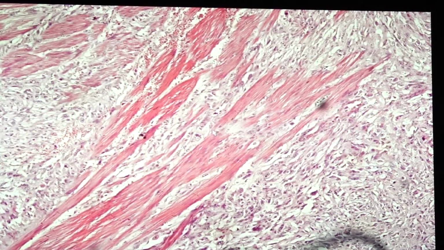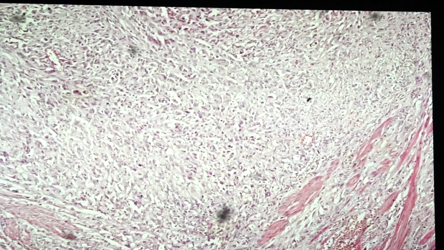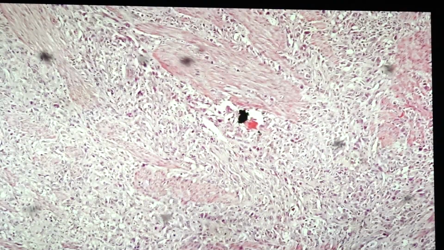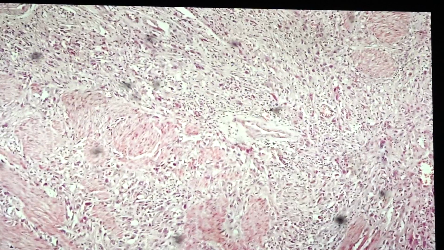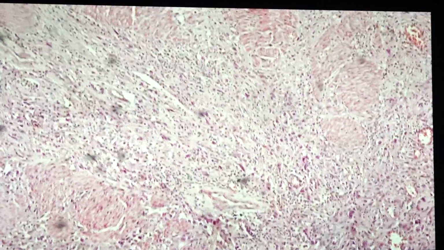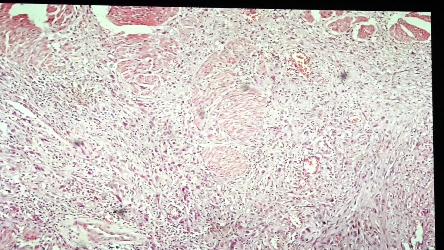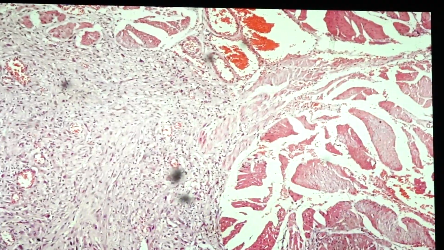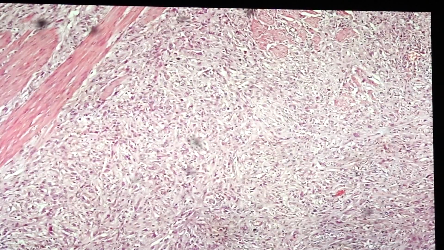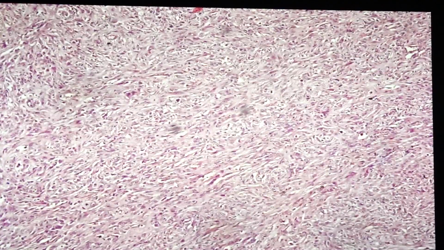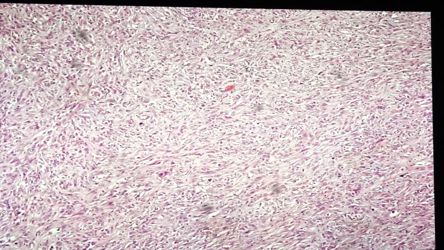When you see the presence of smooth muscle fibers, those are not from the fibroblast. Those would be smooth muscle. These are also examples of the smooth muscle. And then the atypical cells are present in between them. These are the cells of leiomyosarcoma.